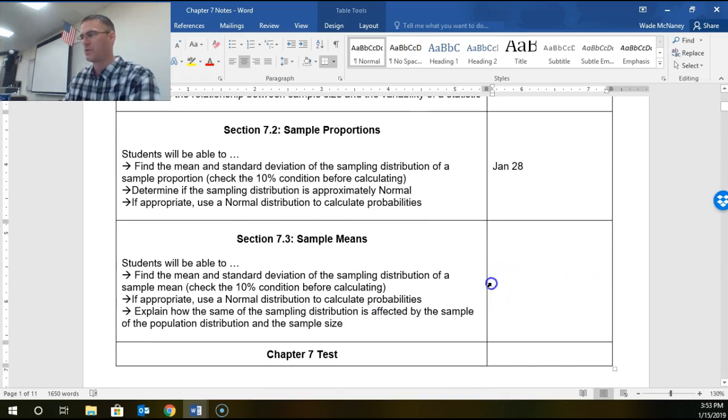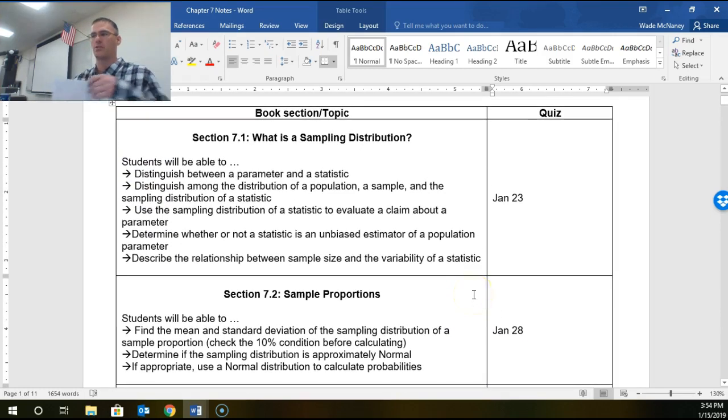And the 7-3 quiz is going to be on January 30th or 31st for block day, depending on what odd or even there. And then our Chapter 7 test is scheduled for February 5th and 6th. That is a Tuesday and Wednesday before parent-teacher conferences. We'll do the multiple choice on one day and the free response on another day on that February 5th and 6th. So hopefully you have those dates down, and let's jump in and talk about what a sampling distribution is.